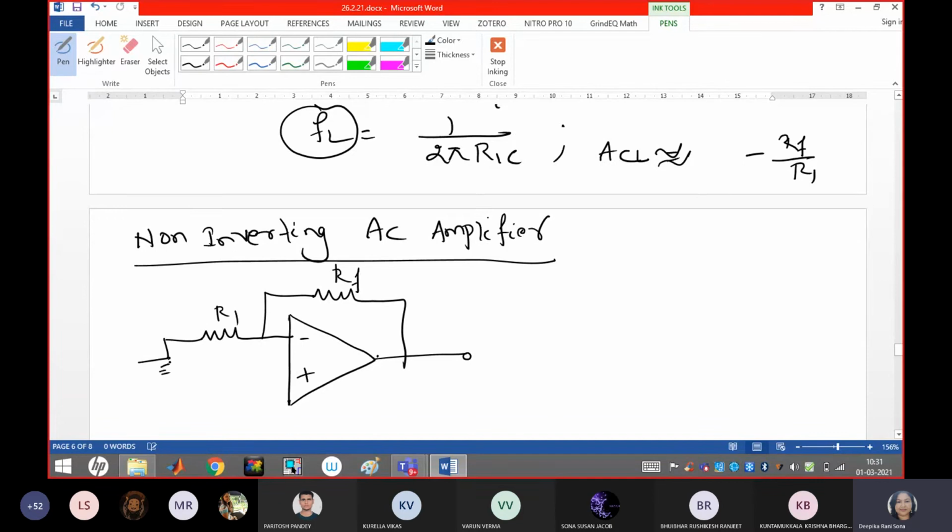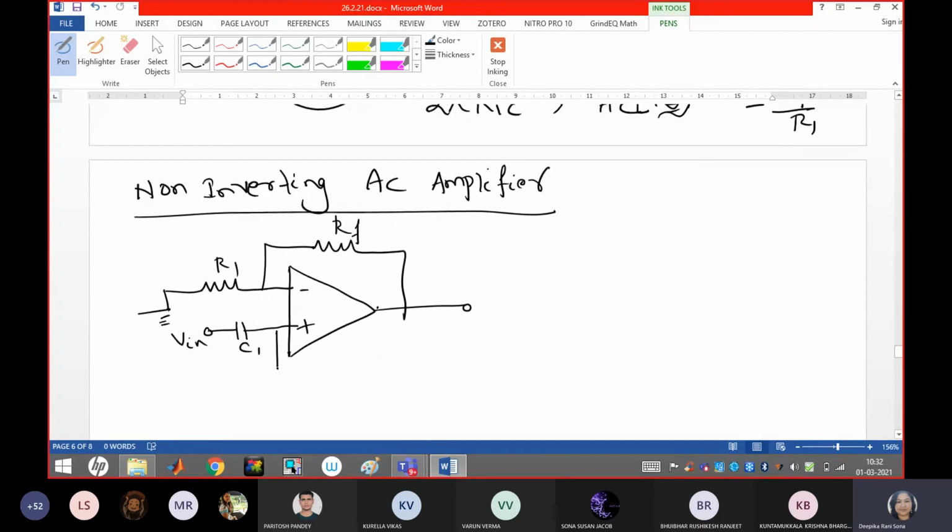Now the inverting input is grounded, but the non-inverting input contains the capacitor term. And here R2 will also be there. This R2 will provide the DC return path to the ground. That's why we have to use R2 here.